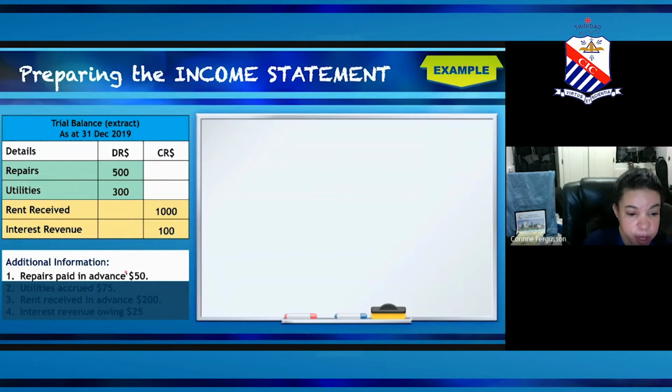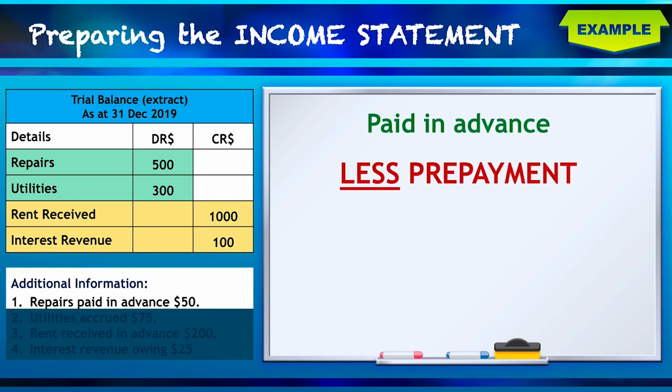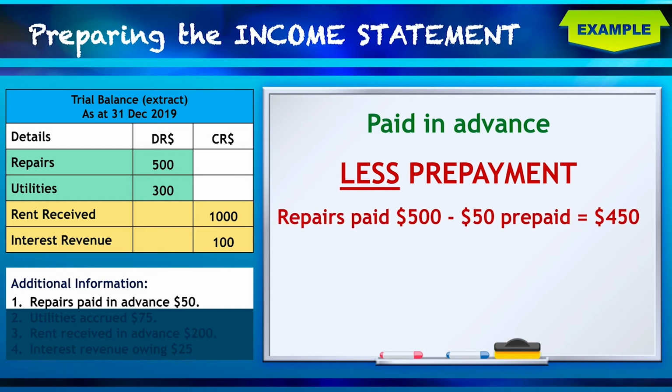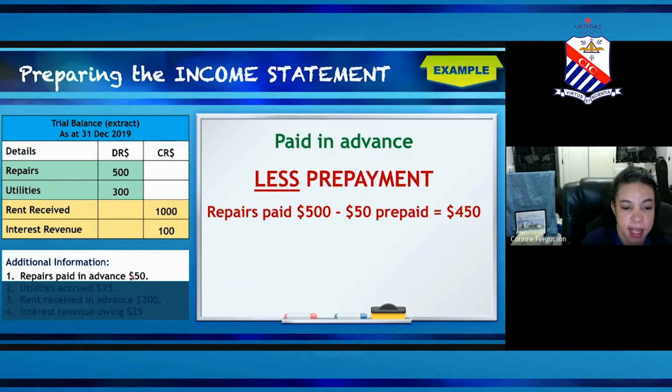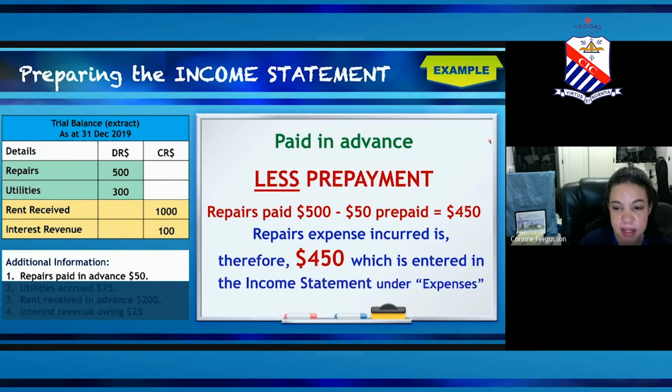So if you have a prepayment, what you do with prepayments, you always less the prepayment. So your repairs paid $500 less your $50 prepayment means you have $450. The $450 represents the expense incurred, which is entered in the income statement.